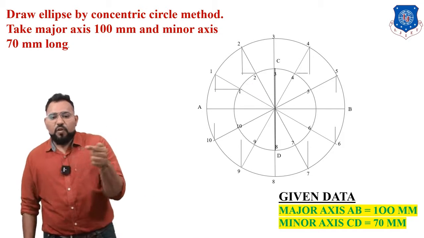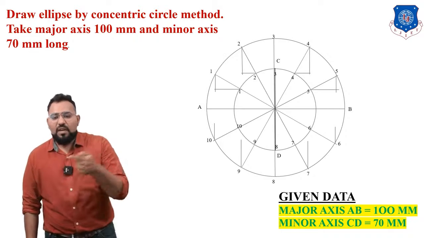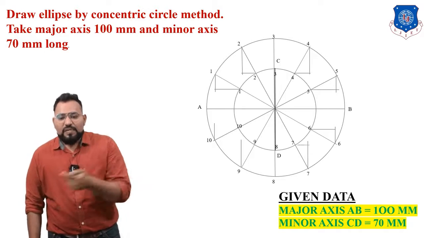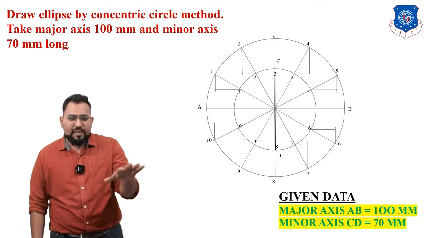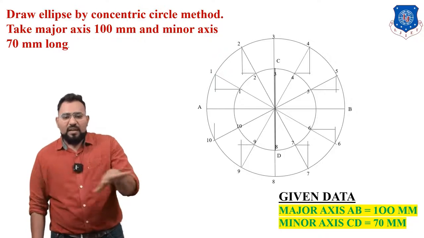Now from point 4 draw a horizontal line. From point 5, from point 6, from point 7, from point 8, which is point D itself, so no need to do anything from there. From point 9, from point 10.